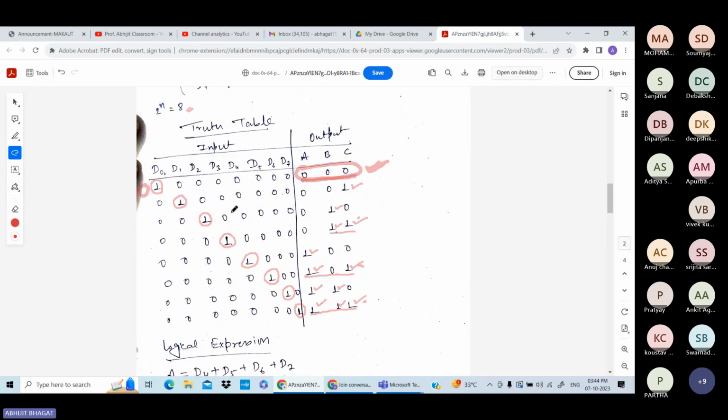The other limitation is that in case of an encoder, one input is active at a time. But if more than one input is active, you are not getting the proper output. If more than one input is high, these are the limitations of the encoder circuit.